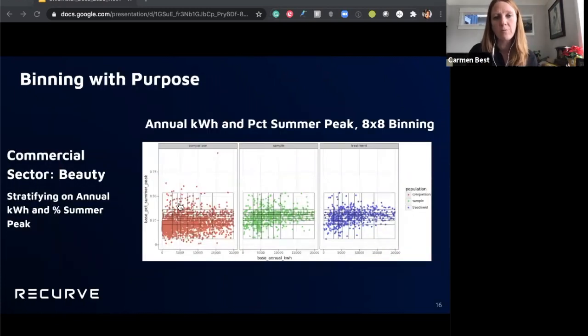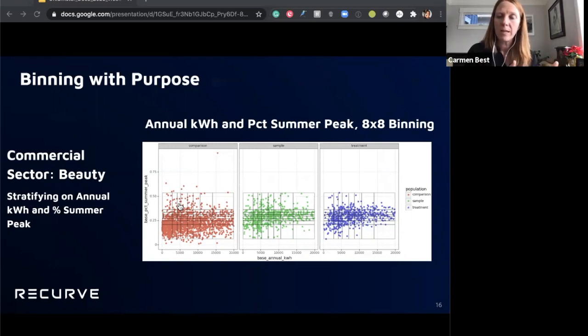So from the full comparison group, imagine a large sector like commercial. You have the red category, all those different dots on the left-hand side, and you start paring down by these specific parameters to create the bins, like annual usage or peak usage for the specific sector or a business category.